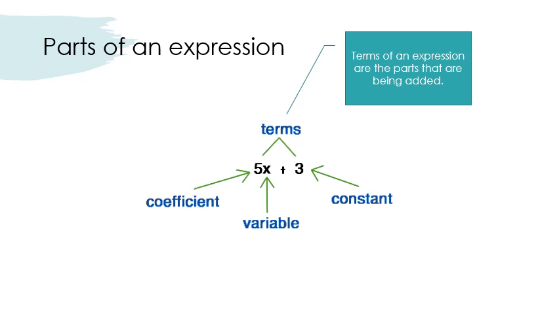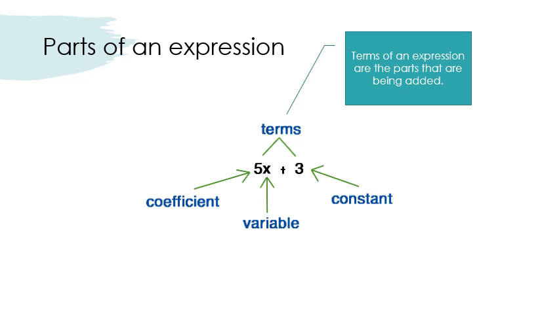Terms of an expression are the parts that are being added. In the past, you might have worked with expressions where you're adding and subtracting terms. In this course, we're defining terms as the parts that are being added.